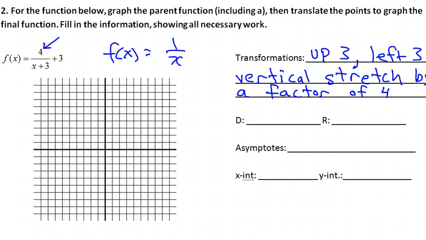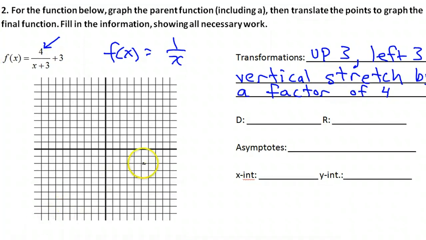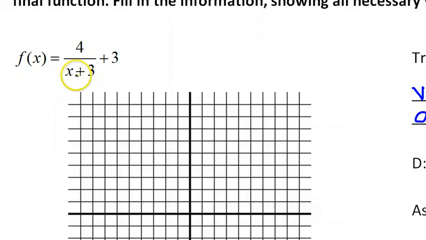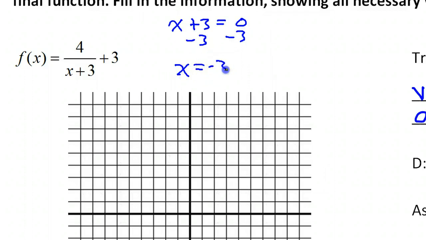Now, let's go ahead and talk about the asymptotes of this graph, because we'll need that to do the rest of the graph. So the asymptotes, first of all, the vertical asymptote. We get the vertical asymptote by setting this denominator equal to 0. So if we have x plus 3 equals 0, subtracting 3 from both sides gives us x equals negative 3.